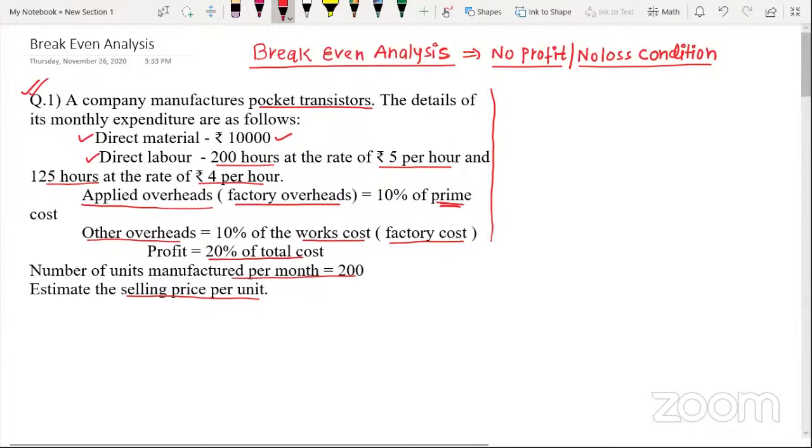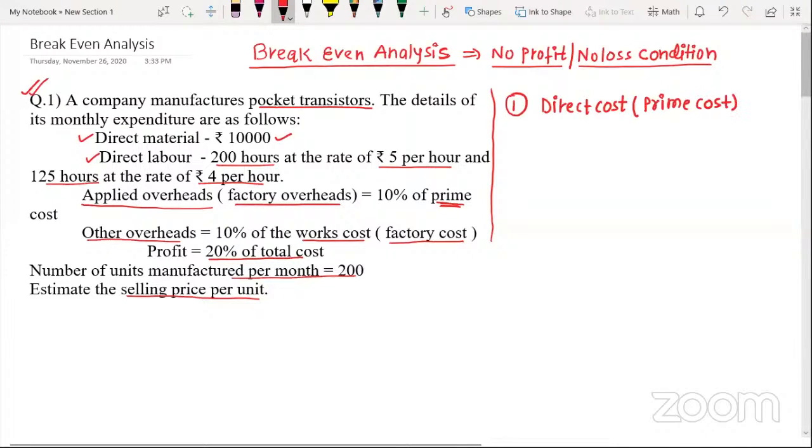In this chapter there are some different types of cost. The first cost is known as direct cost. The other name of direct cost is prime cost.